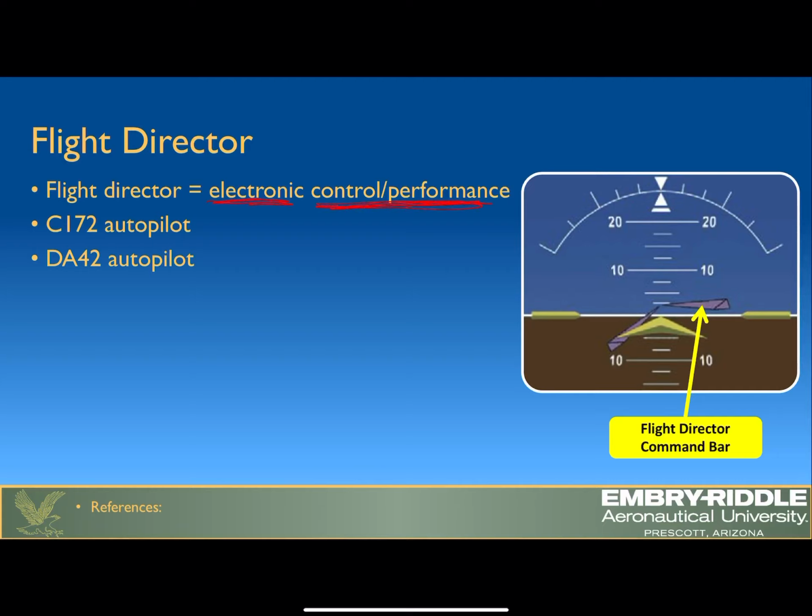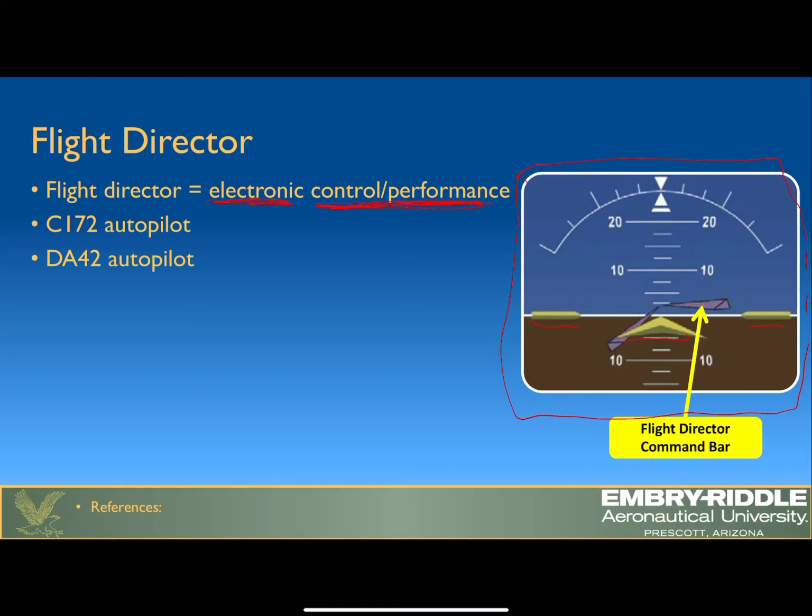Whether it's flying the airplane by itself or it's telling you how to fly, you can kind of see. We have our G1000. This is a screenshot from the G1000. Right now we're flying straight and level. You can see that from those two lines in our triangle, this golden triangle, angled right here. We're flying straight and level.